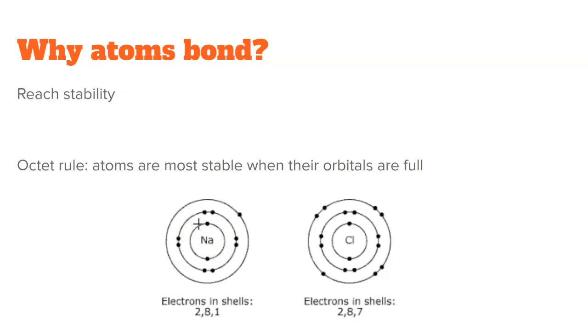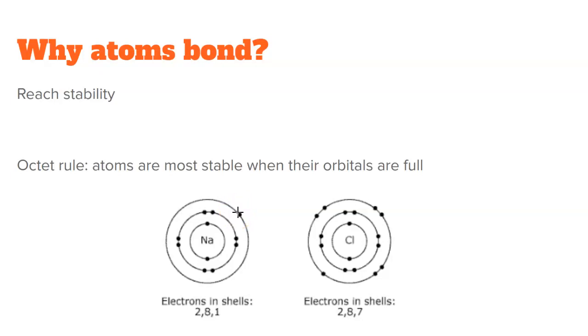The first orbital here has 2 electrons, and that's the largest amount that it can have in a first orbital. So the first orbital is full. The second orbital right here has 2, 4, 6, 8. The second orbital is also full. The third orbital is not full. It only has 1 electron. So sodium right now is not stable.